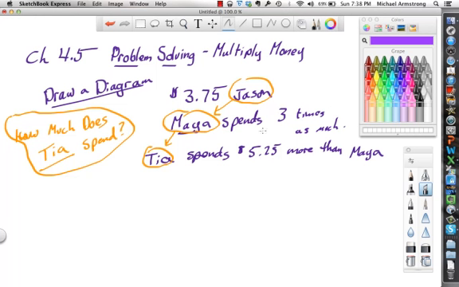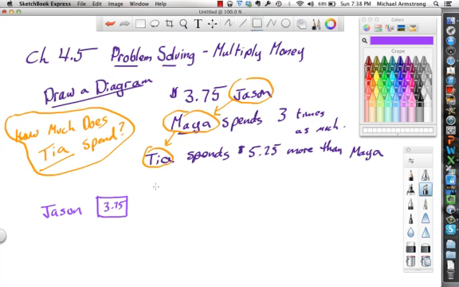Okay, so they have Jason here. Oh, I spelled Jason wrong. I spelled it a traditional way, and they spell it with a Y. Well, I'll just keep spelling it regular. Jason, this is how Jason is usually spelled. Okay, he spends, and they put a little box around it, $3.75. And then it says that Maya spends 3 times as much.